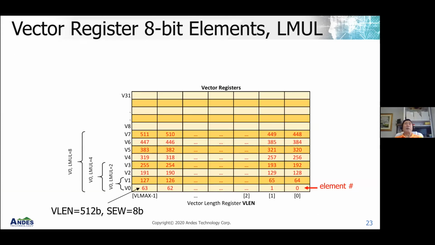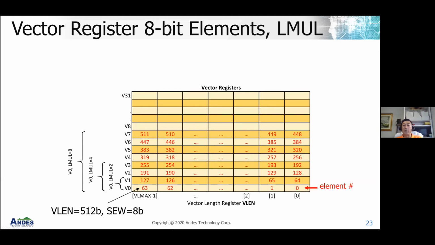So now I'm taking the case of the 8-bit element with different Elmo. If you look at Elmo equal 8, you have 512 elements. And this 512 element count is actually the same as the width of the vector register.